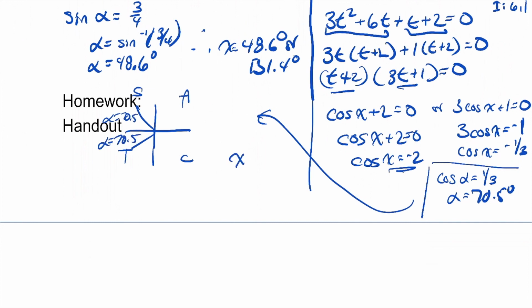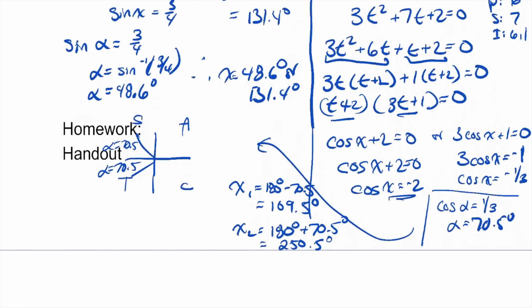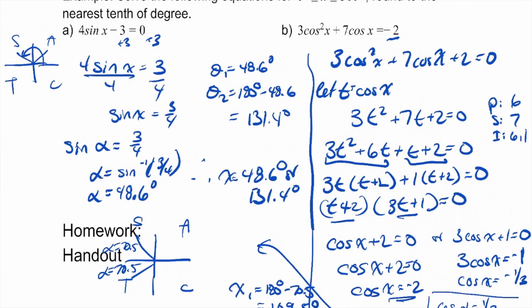So x1 in this case is going to be 180 degrees minus 70.5, which is 109.5 degrees. And x2, for quadrant number 3, we need to add 180 to alpha. So here it's going to be 180 plus 70.5 degrees, which makes x2 250.5 degrees.